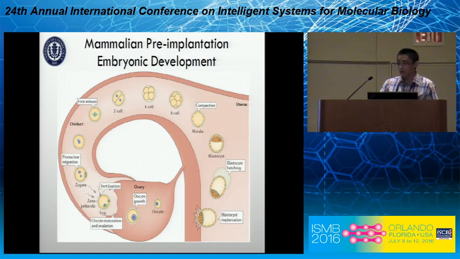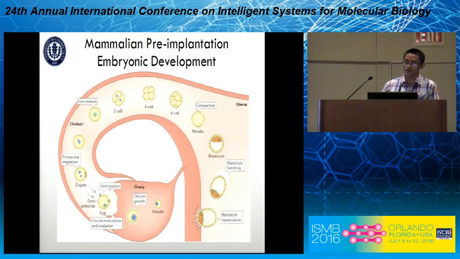Embryo development starts from the oocyte and undergoes a series of developmental stages. Once the sperm enters the oocyte, but before the two nuclei of the two cells fuse, the embryo is at the pronucleus stage. Once the two nuclei fuse, the embryo is at the zygote stage.